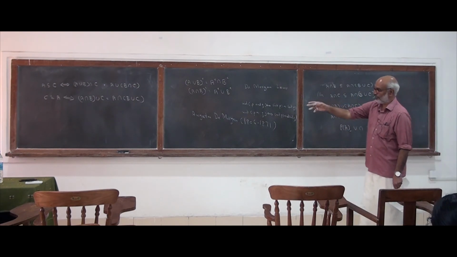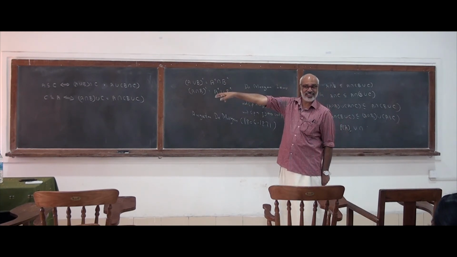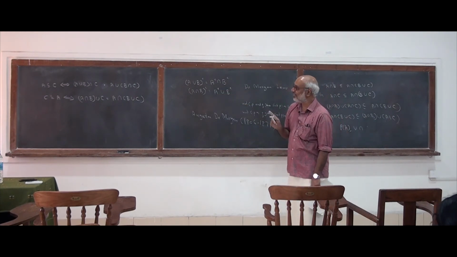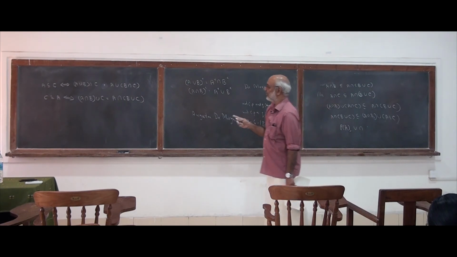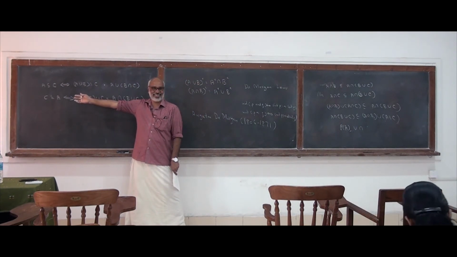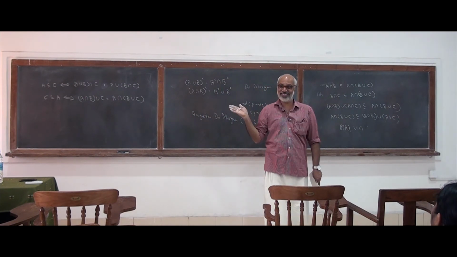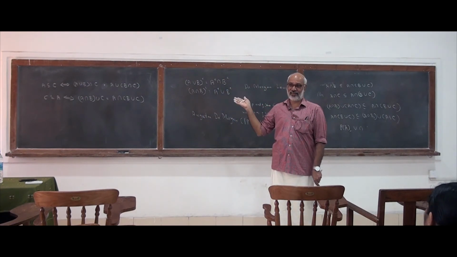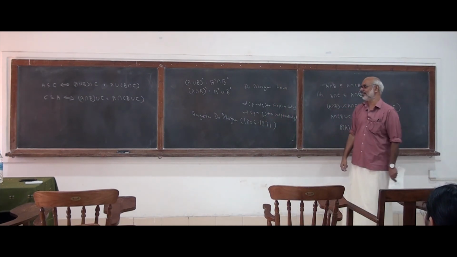That is, if C is a subset of A, this result is true, and if this result is true, then C is a subset of A. One interesting thing is that B has no role. Whatever be your B, whatever be the set B, you have this property.